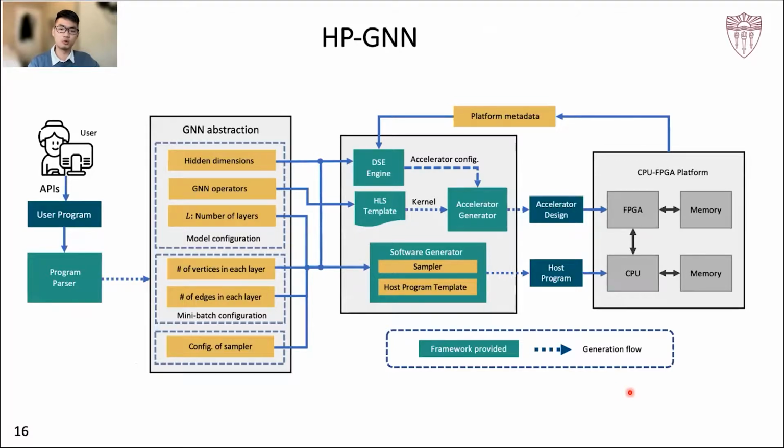Now we have the single kernel design, and we can decide the acceleration configuration. We are able to produce the accelerator design. And of course, we also have the software generator, which consists of the sampler and host program template to produce a host program that runs on a CPU.